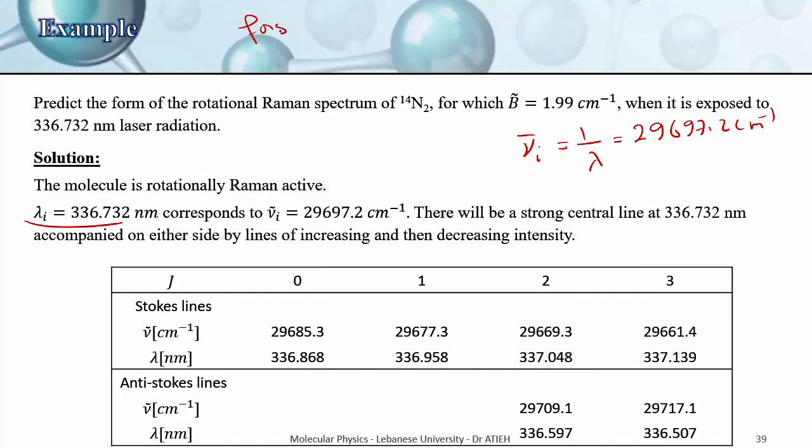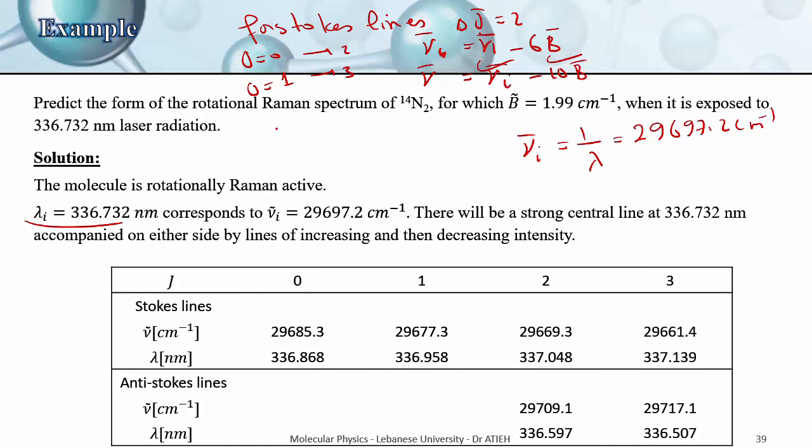For Stokes lines, where we have delta J equals plus 2, meaning J equals 0 goes to 2, J equals 1 goes to 3, and so on, here nu bar equals nu I bar minus 6B bar. So this was the first one. We have nu I, we have B bar, just calculate it. So here nu bar will be equal to nu I minus 10B bar.